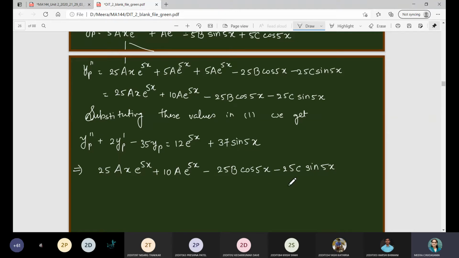In the simplification, you have to write each and every term with the quantities which are involved in the previous step.